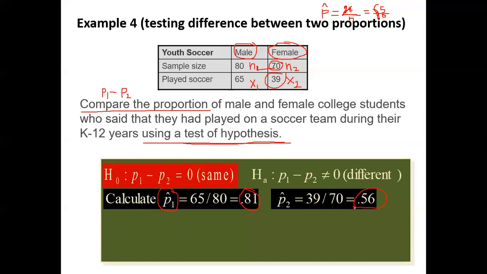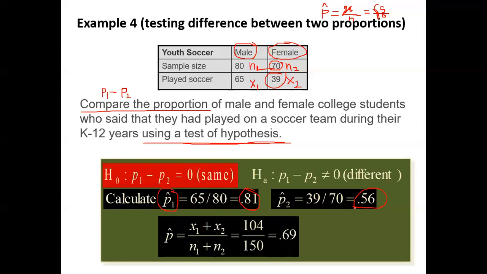And then you also need to find the overall value for P hat. To get the overall value, P hat is equal to x1 plus x2 divided by n1 plus n2. x1 refers to the male value, which is 65, plus x2, the female x value, that is 39.